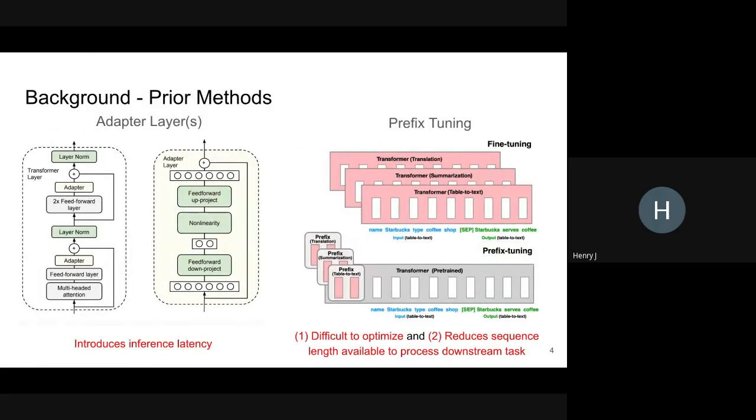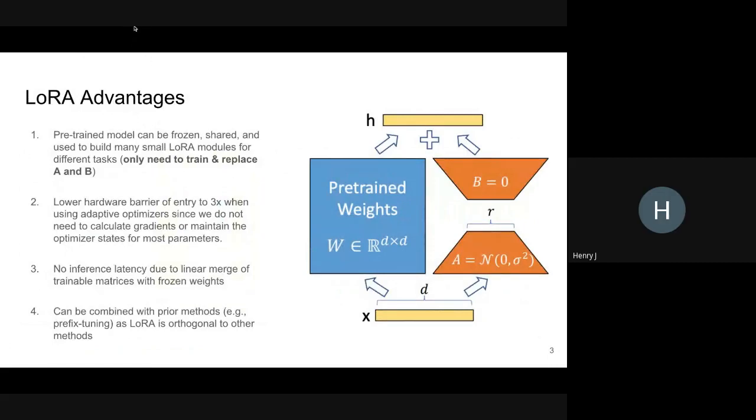Yep. So I think the diagram shows it's trying to transform a d dimension vector, which is maybe high dimension, into a smaller dimension, from d to r, and then transform back from r to d dimension, and then add together.